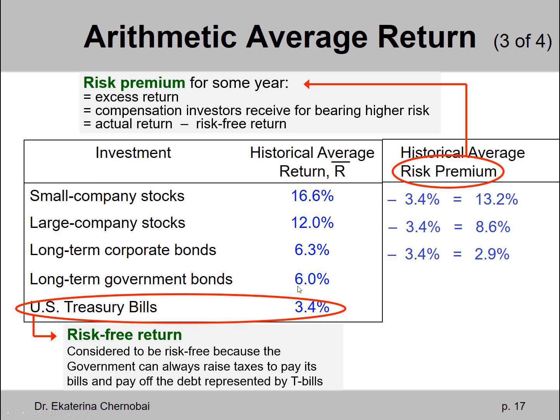For long-term government bonds, 6% historical average return minus the historical average risk-free return of 3.4% gives a risk premium of 2.6%. And for the US Treasury bills, the risk premium is 0, because we are taking 3.4% and subtracting this number.